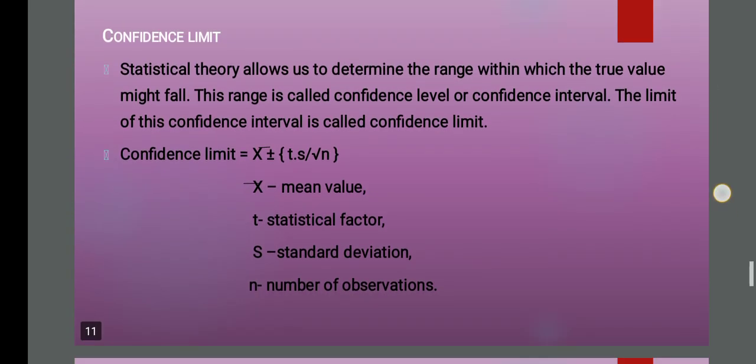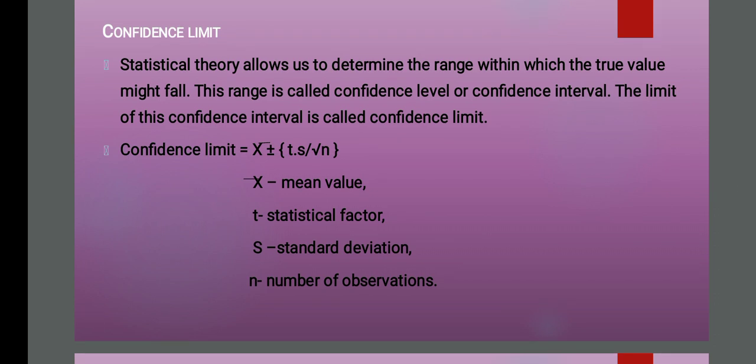The next one, the second test, is called confidence limit. Is it okay? So I'll say what confidence limit is. What I mean by this is that statistical theory allows us to determine the range within which the true value might fall.